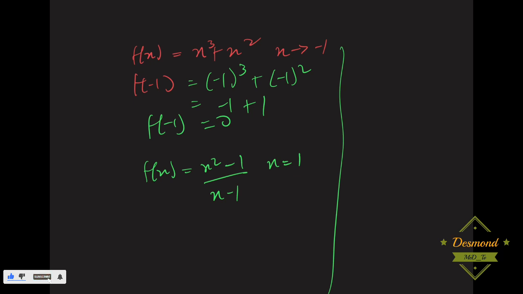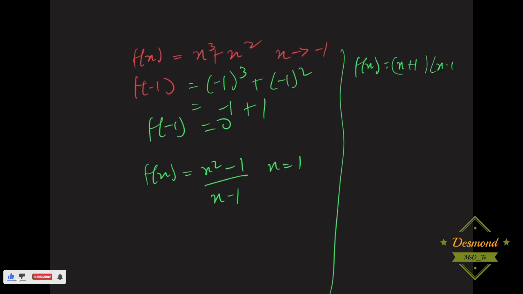With that we have f of x to be x plus 1 multiplying x minus 1, over x minus 1. Now we simplify the expression to be f of x equal to x plus 1 for x not equal to 1.